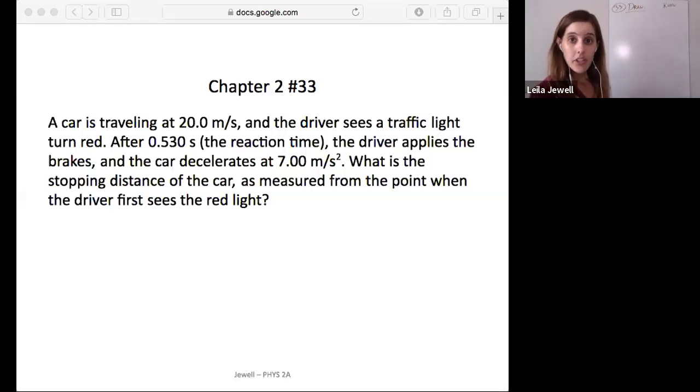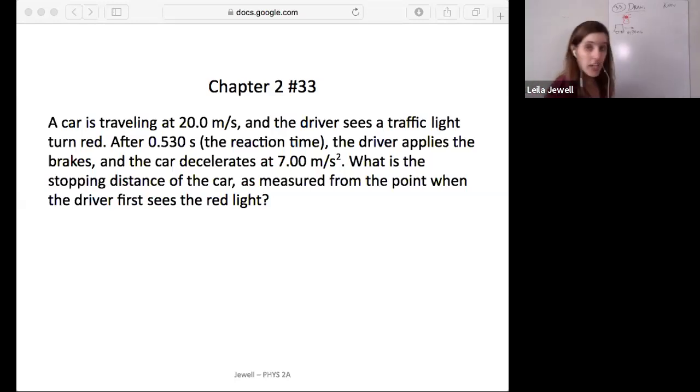So let's see, we have this car that's traveling at 20 meters per second. So, cool, car, and we'll say it's going to the right, v is equal to 20 meters per second. That's all good. Well, then what happens? The driver sees a red light, right? So the light suddenly turns red in this traffic signal.